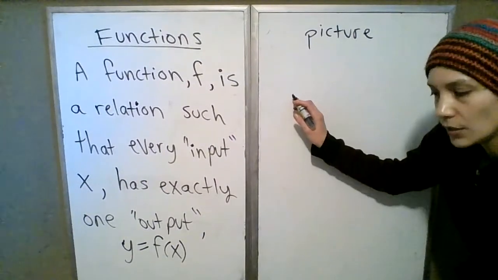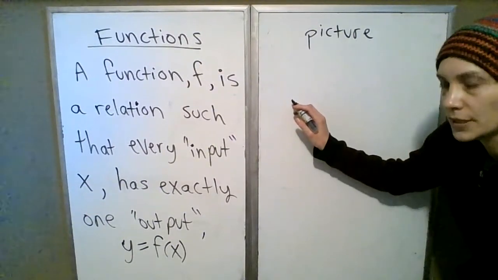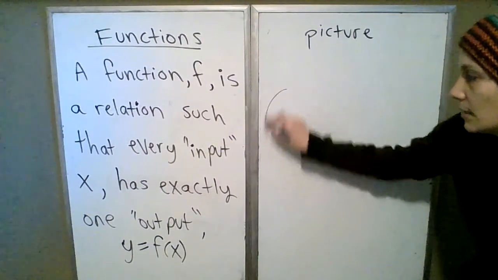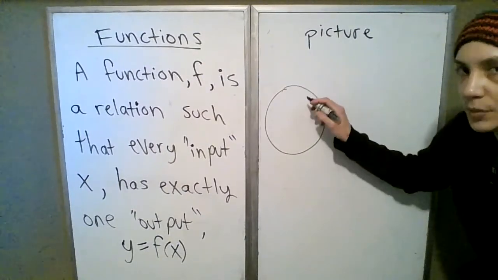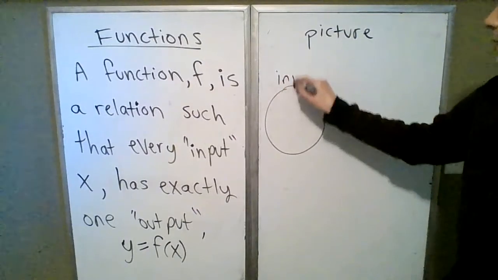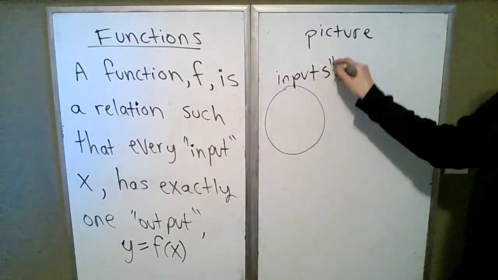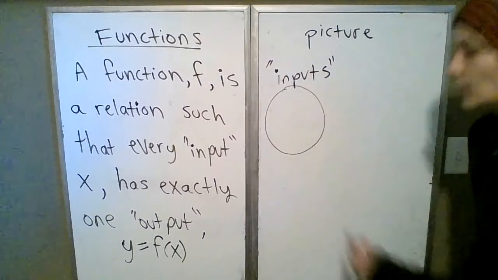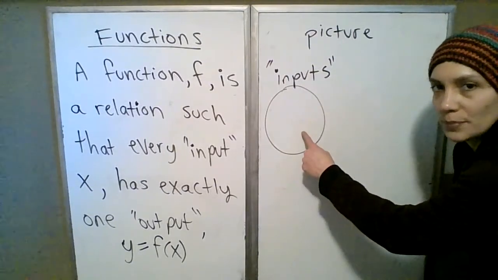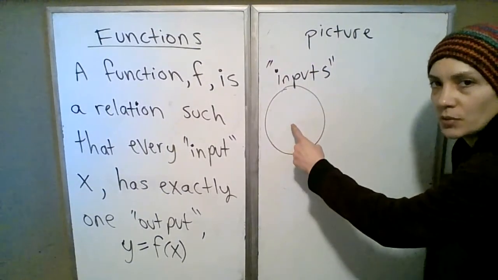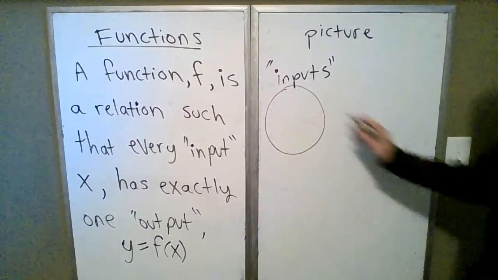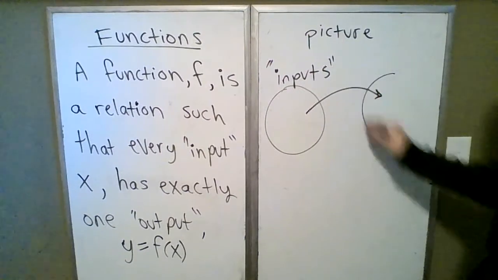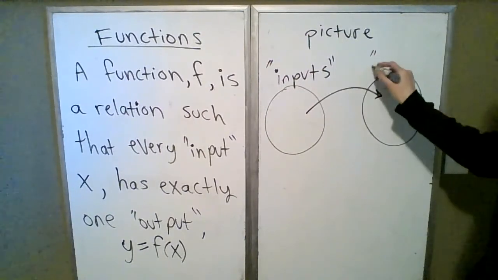Okay, we're not going to go too deep into functions, but for now, we're going to label this set of inputs. And it's usually called the domain. And then the function goes from there to a set of outputs, which we call the codomain. But right now, just outputs.